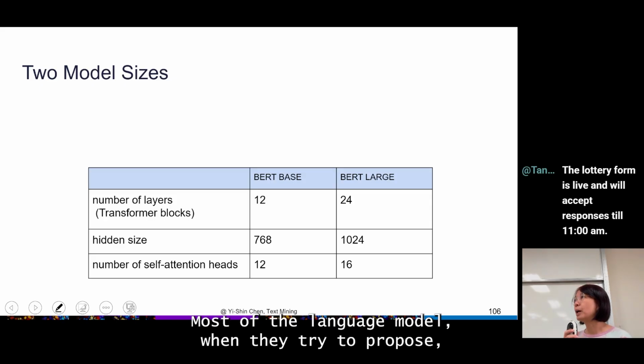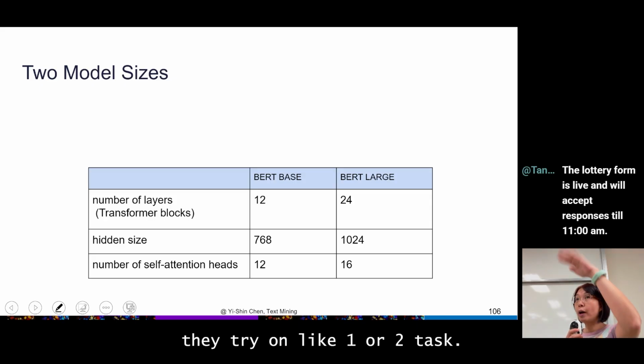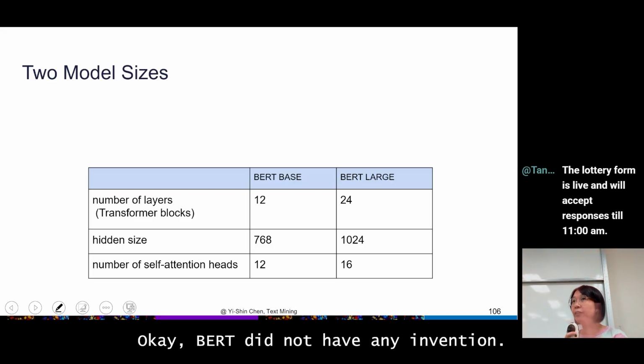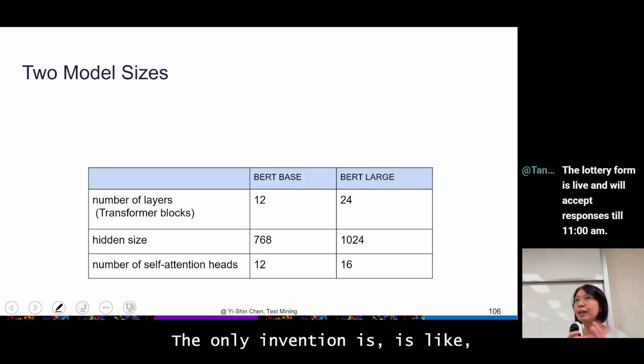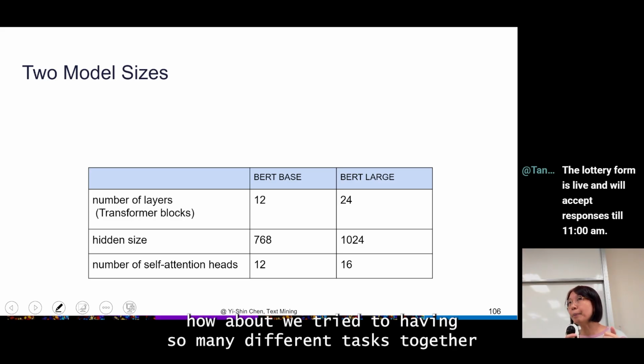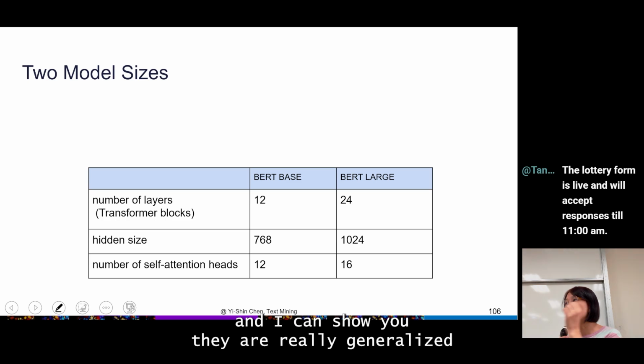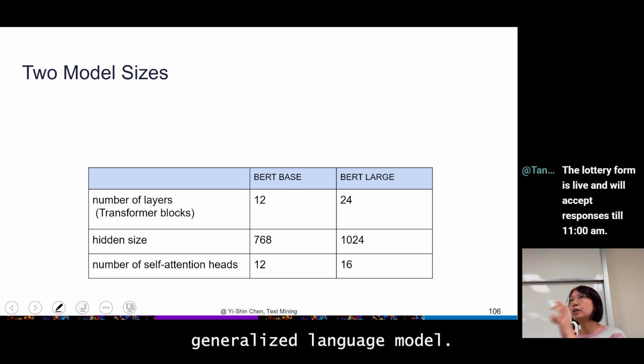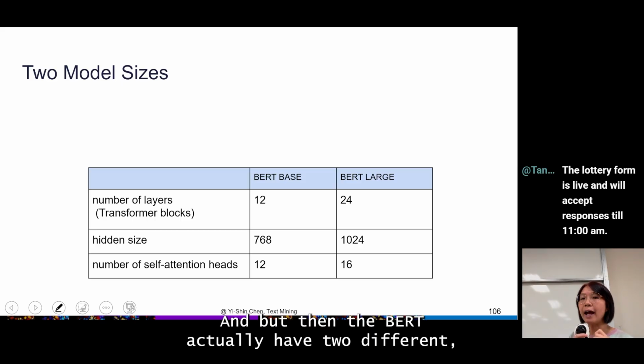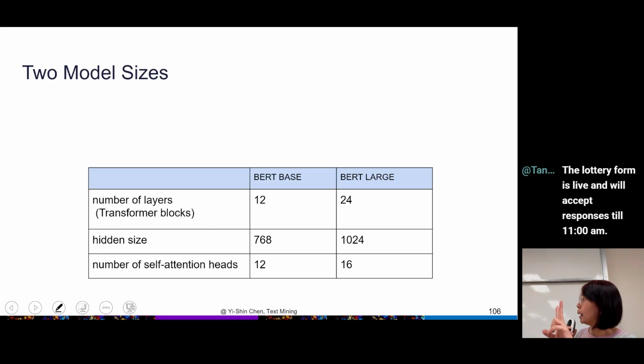Most language models, when they were proposed, were tried on like 1 or 2 tasks. BERT did not have any invention. The only invention is, how about we try so many different tasks together, and I can show you it is really a generalized language model.